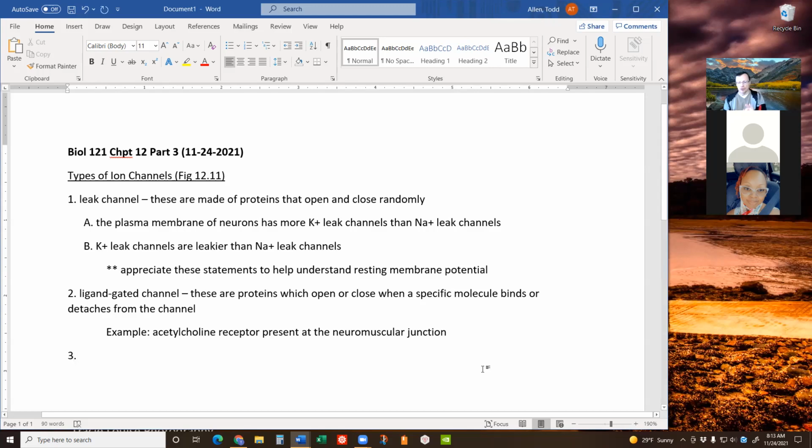Okay, third type of channel in figure 12.11 are the mechanically gated channels. Mechanically gated channels are proteins that open or close in response to some kind of physical stimulus. That physical stimulus is typically touch.